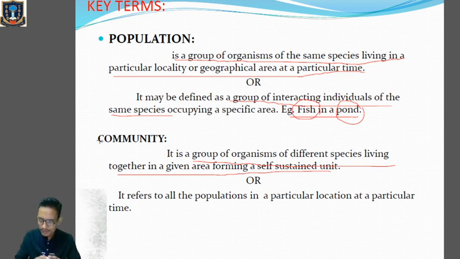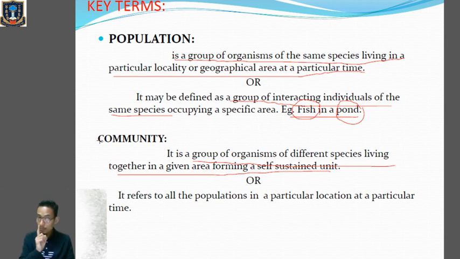When we consider a group of organisms belonging to different species, that forms a community. In a community, we can find the species of tiger, lion, or deer. All those species, which are really different from each other, if present in a given area at a particular time, will form the community.